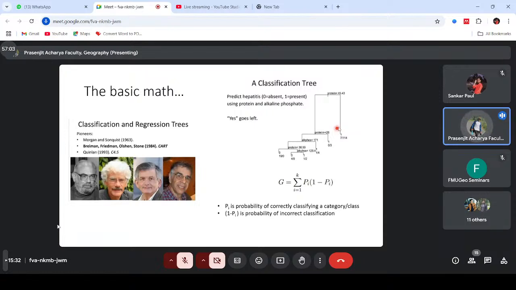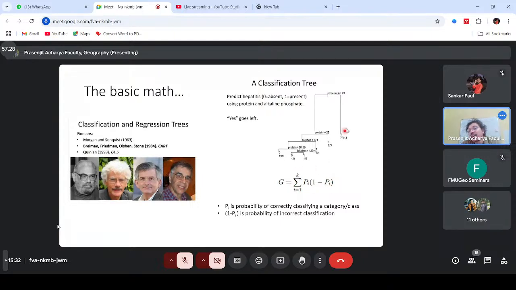So if I have a higher probability of classification at this value, less than 45.43, and if the Gini impurities for all other protein values are higher than this, then I'll pick up 45.43 as the best splitting criteria for which I get the minimum Gini impurity.